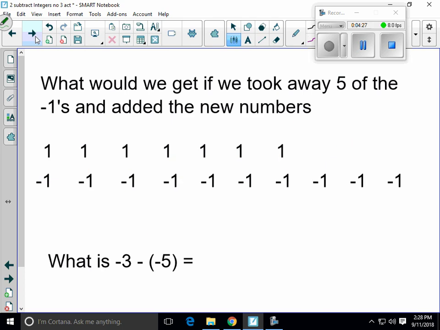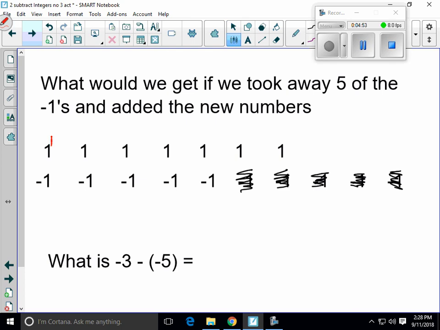Okay, so here is the same picture, but what would we get if we took away 5 of the negative ones and then we added our new numbers? All right, so pretend I didn't have 5 of these negative ones. 1, 2, 3, 4, 5. Go ahead and add up the new numbers in the picture.